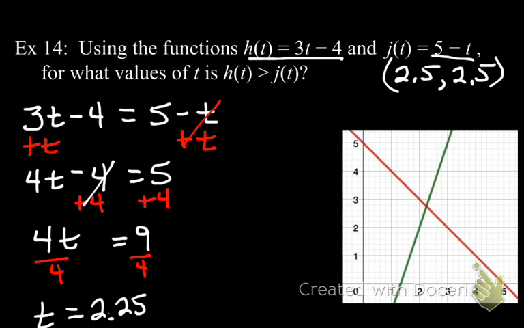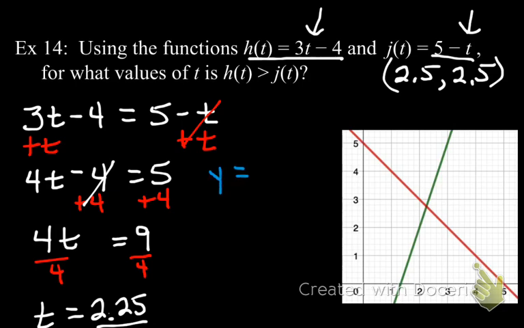So we weren't terribly far off, but it wasn't exactly right. Then to find the other coordinate, we plug that 2.25 in for either one of our t's. I think j of t is going to be the easier one, so I'm going to plug it into j of t. This is the second part of the problem. I'm just going to use y instead of j of t.